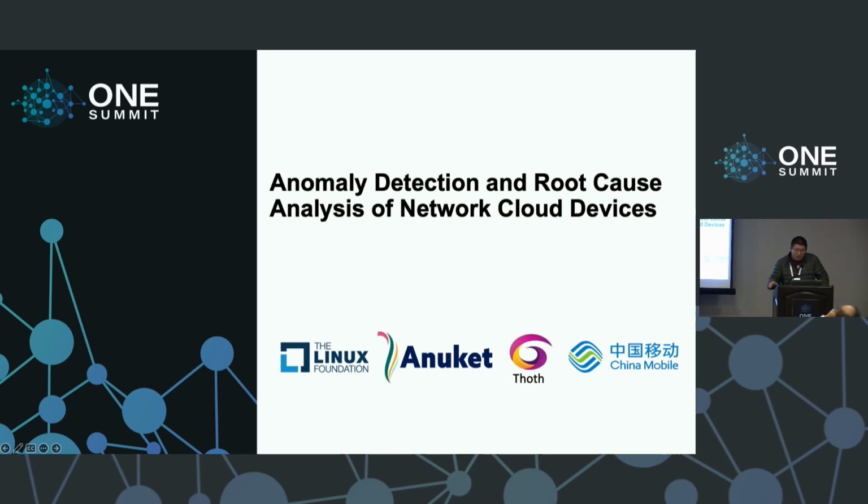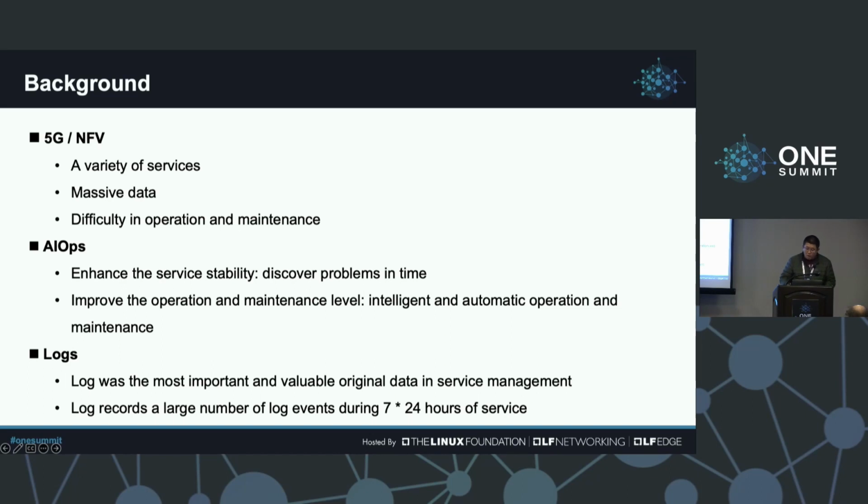Its name is here. And this one is held by Linux Foundation, Anuket, and China Mobile together. So here is the background of this practice. With the arrival of 5G, a variety of services have emerged, which are accompanied by the generation of massive data, and also put forward higher requirements for the operation and maintenance of telecommunication networks.